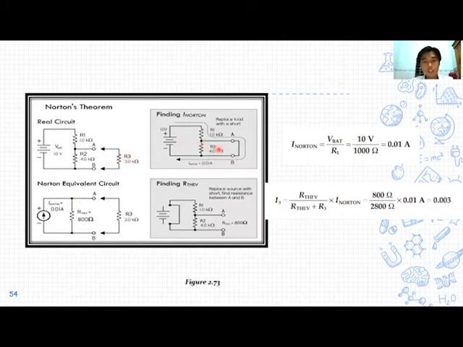Because of this short, there's no current going through R2 here, so we can get the current of Norton: I Norton is equal to V battery over R1, which is 0.01 ampere. And after that, we plug back the load R3 here again for the circuit to be closed and calculate like normal.